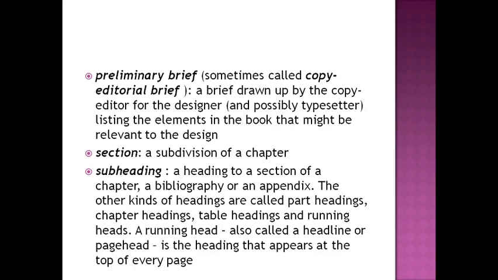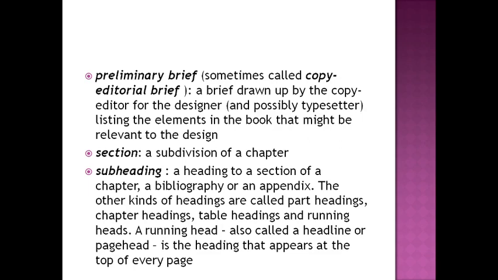Section is a subdivision of a chapter, as you may know. Subheading, you may know, is a heading to a section of a chapter, a bibliography, or an appendix. The other kinds of headings are part headings, chapter headings, table headings, and running heads. Running heads are also known by the name page header.